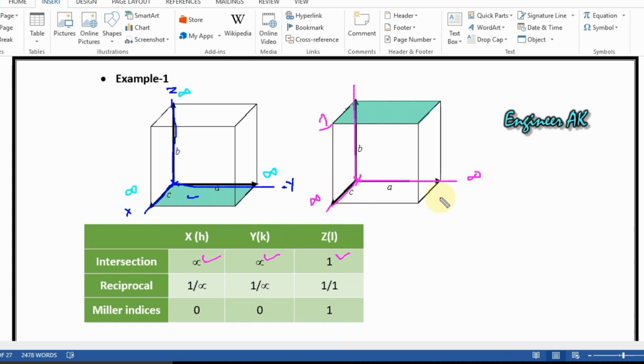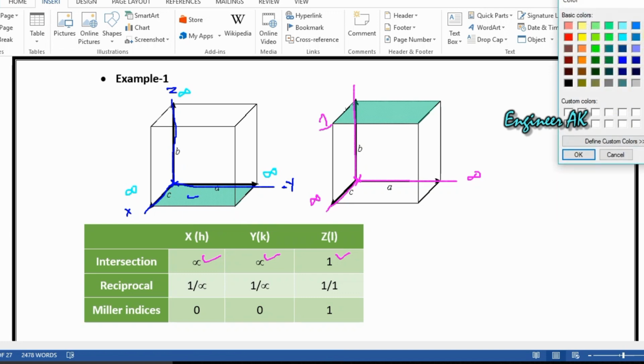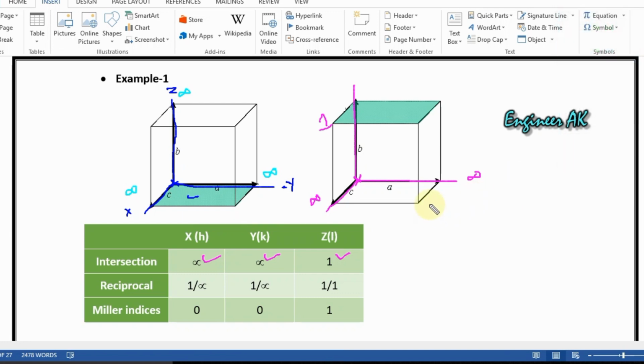Another thing, you can take the origin anywhere, here, here, or here. It's up to you where you want to take the origin. Then if I take the reciprocal, 1 over infinity, 1 over infinity, and 1 over 1, it gives me 0, 0, 1. So the Miller indices of this plane are 0, 0, 1.